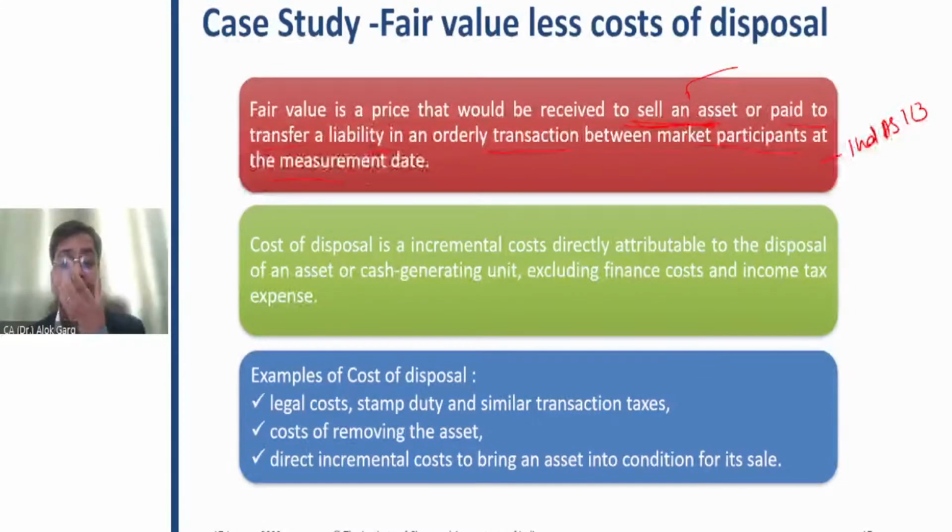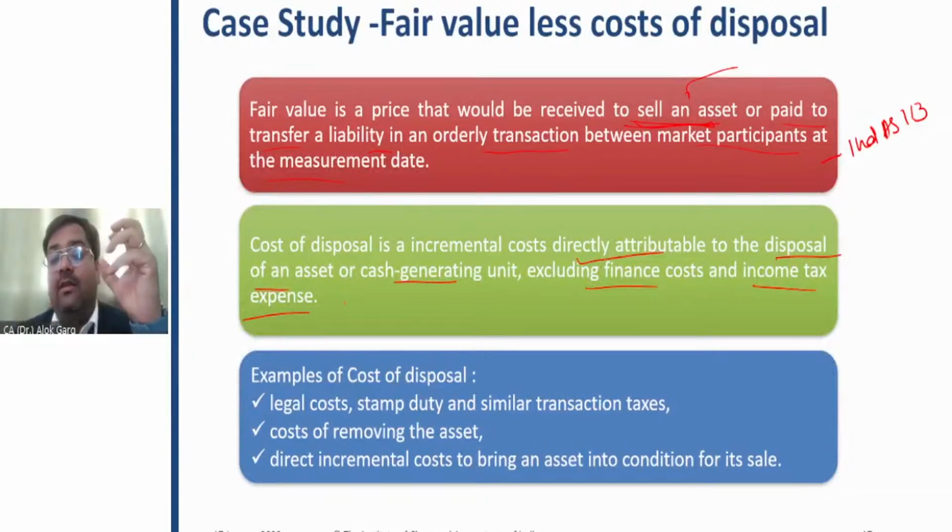And what is your cost of disposal? Your cost of disposal is an incremental cost. Incremental cost means directly attributable cost, right? Directly attributable to the disposal of an asset or a cash generating unit, excluding finance cost and income tax expenses. So basically, cost of disposal is a directly incremental cost which arises only due to selling or disposing of that asset.